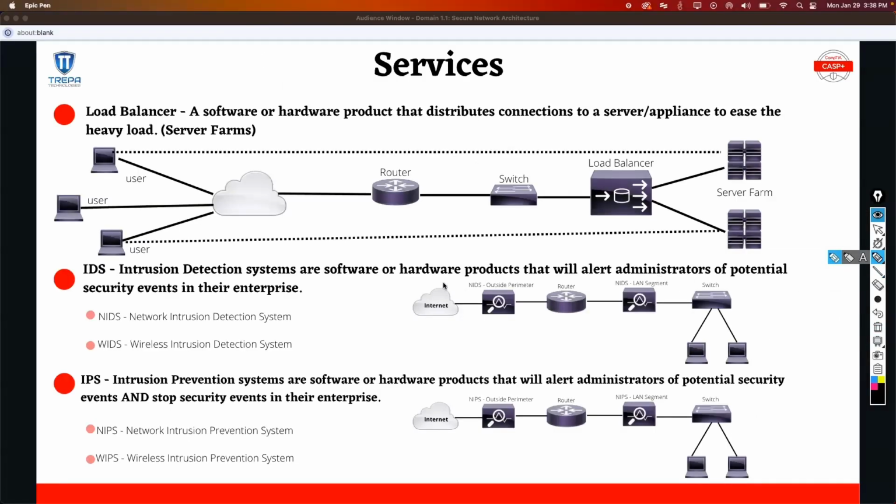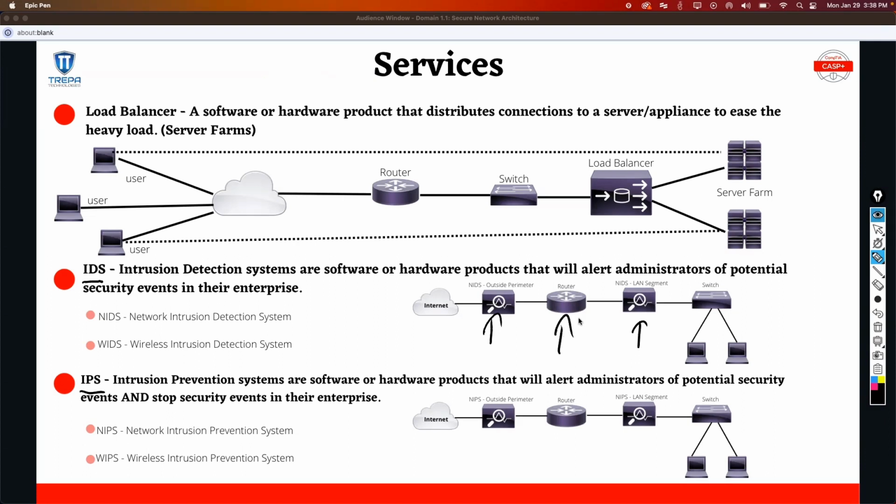Next, we're going to go over IDS systems and IPS systems, okay? So intrusion detection and intrusion prevention systems, they're typically going to be deployed in the same way. Meaning when we architect these out, when we build our network diagrams, and we plan to deploy this capability, it's either going to be in line right here as an actual hardware appliance, or it's just going to be part of the software suite of features in that router, okay?